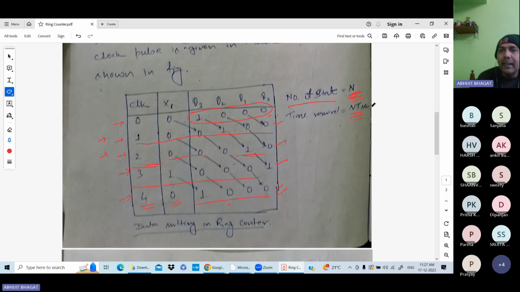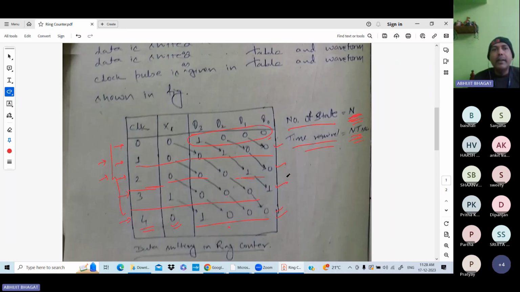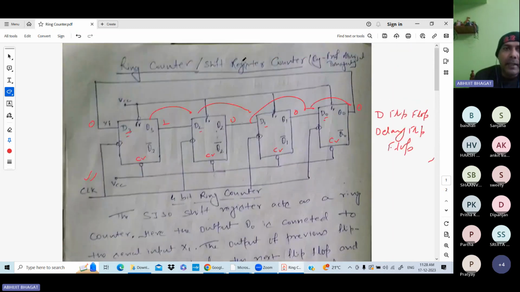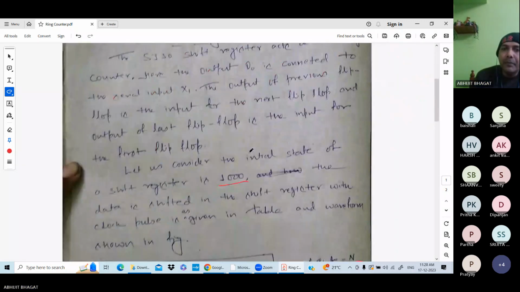After the nt cycle, it will be repeated again. So for counting this, you require n into t. For one count, you require t seconds, so for n counts, n into t. Total time required for counting in the ring counter is nt.